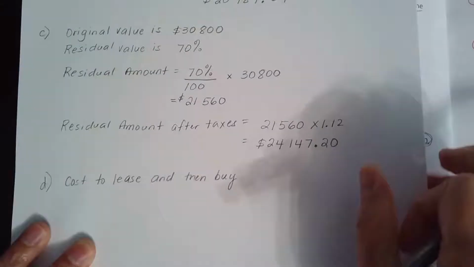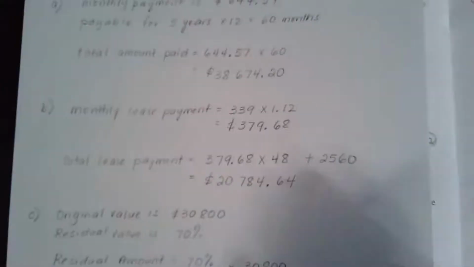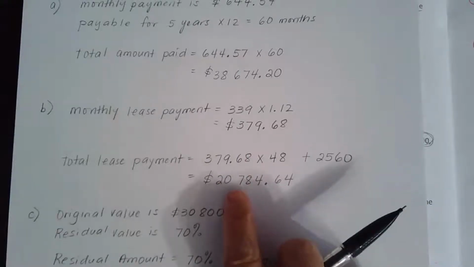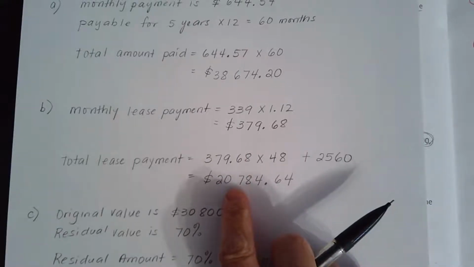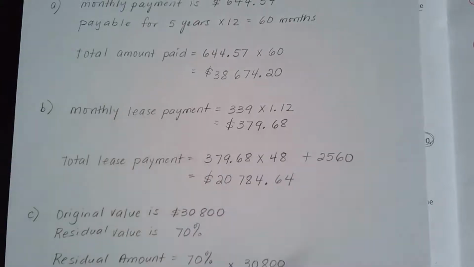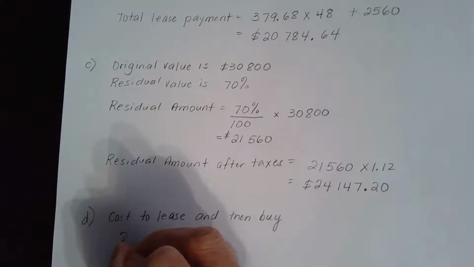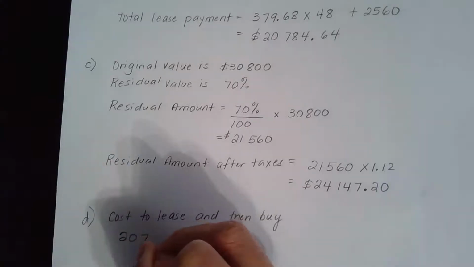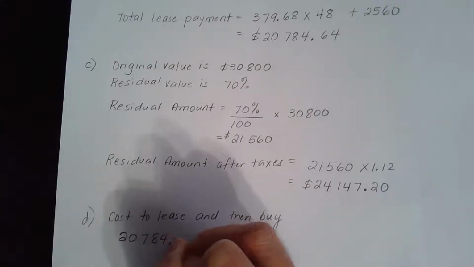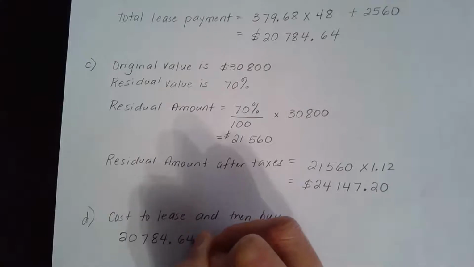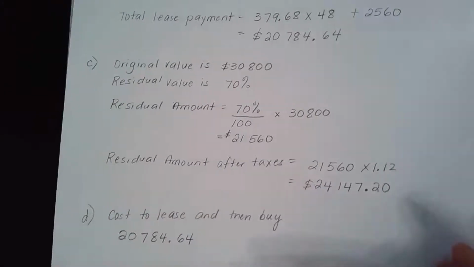Cost to lease, total cost of leasing would be, that was the answer in part B, total lease payment. We already have the answer for that, so we're just going to transfer that for D. So total cost to lease, I'm just going to put it underneath: $20,784.64.